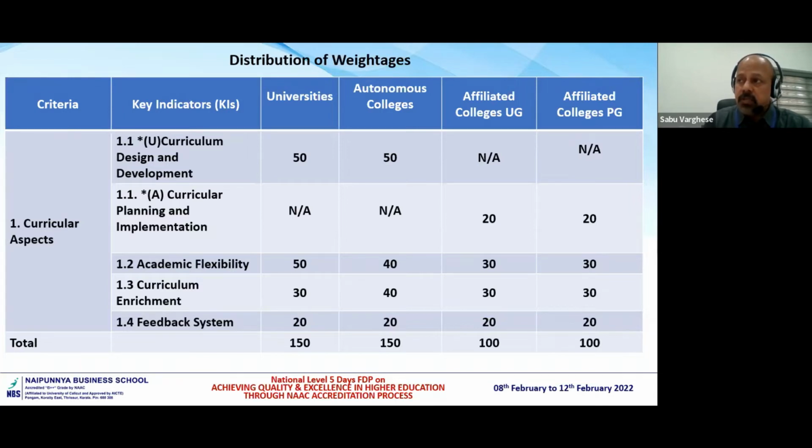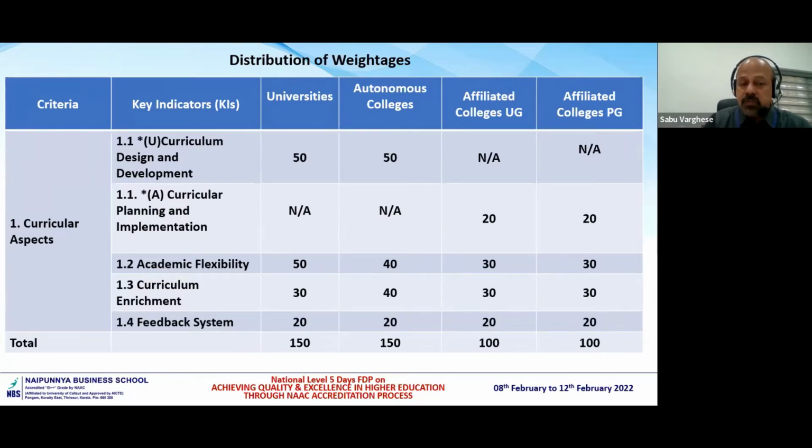Because a college that is not autonomous doesn't have a significant role to play in the design. Who formulates the syllabus? Who tells you how to conduct the assessment? What is the objective? Everything is given by the university. So colleges will not have much say in design and development, but universities do the design and development of the syllabus at the curriculum level. That's why it's shown like this.